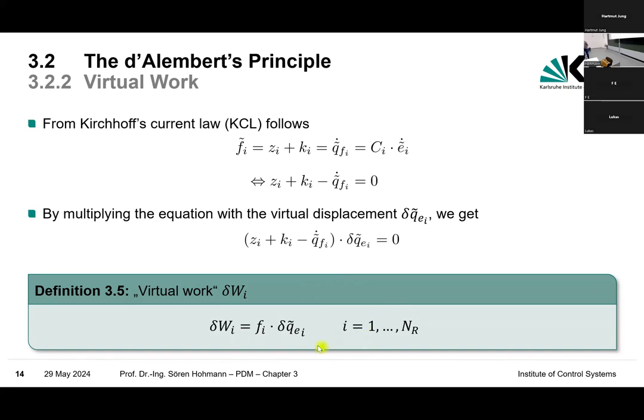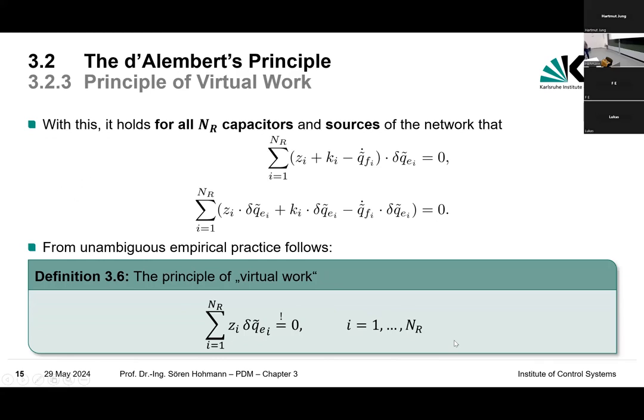And now let's see what happens if we do so. So first of all, we get the following. With this, for all capacitors, the following equation holds. If we sum zero up, we get this equation. Okay? So for every capacitor, 0 plus 0 plus 0 gives 0. It's simple. It's just for all capacitors.